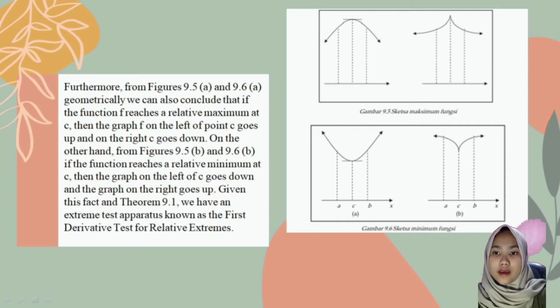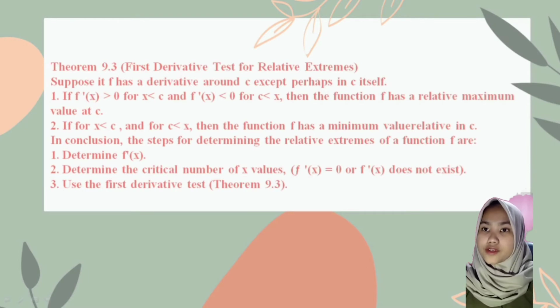Given this fact and theorem 9.1, we have a tool known as the first derivative test for relative extremes. Theorem 9.3, first derivative test for relative extremes. Suppose f has a derivative around c, except perhaps at c itself. 1.